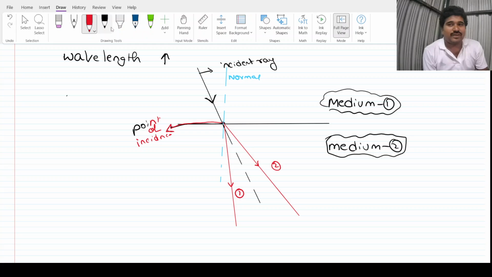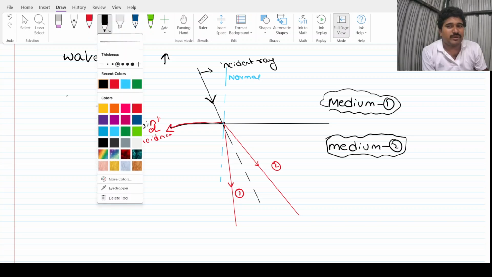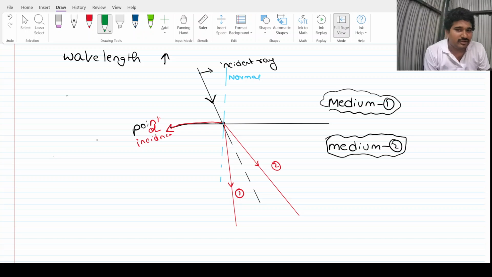Sir, when is the first one possible, when is the second one possible? Remember, what is the difference between the first one and the second one? Can you tell me? First one green color, second one red color. And apart from that, the difference is: the first one, instead of going in this path, went towards the normal.